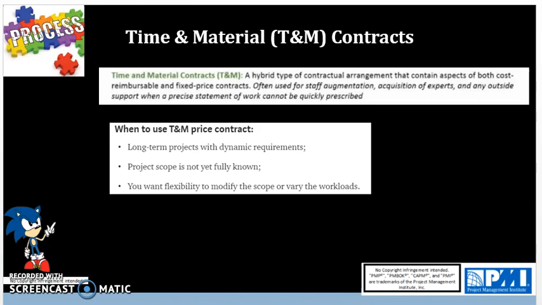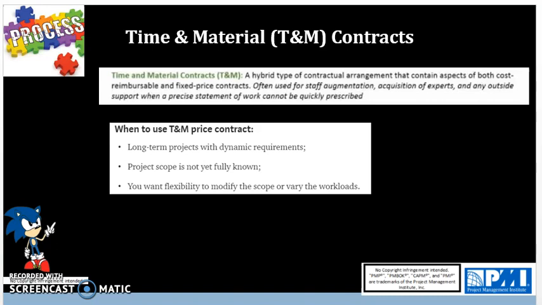So time and material contracts are risky for the buyer and used for staff augmentation. It has elements of a fixed price contract, where there's a fixed price per hour, and a cost reimbursable contract for material costs and the fact that the total cost is unknown.